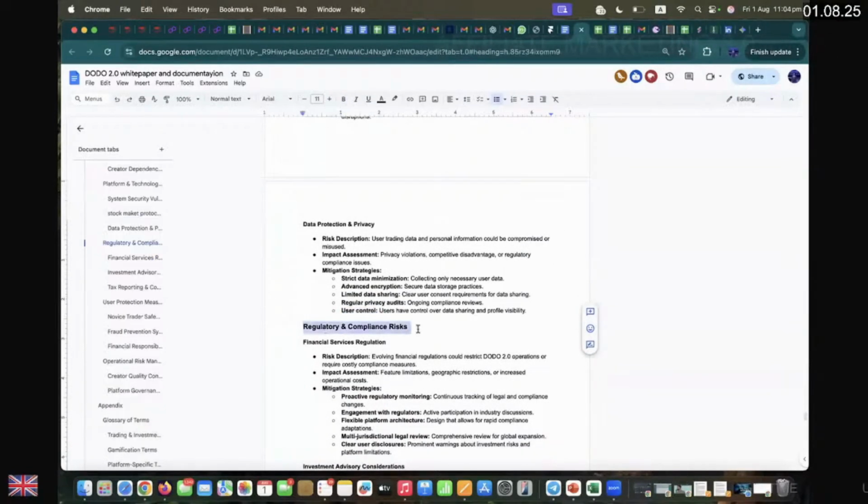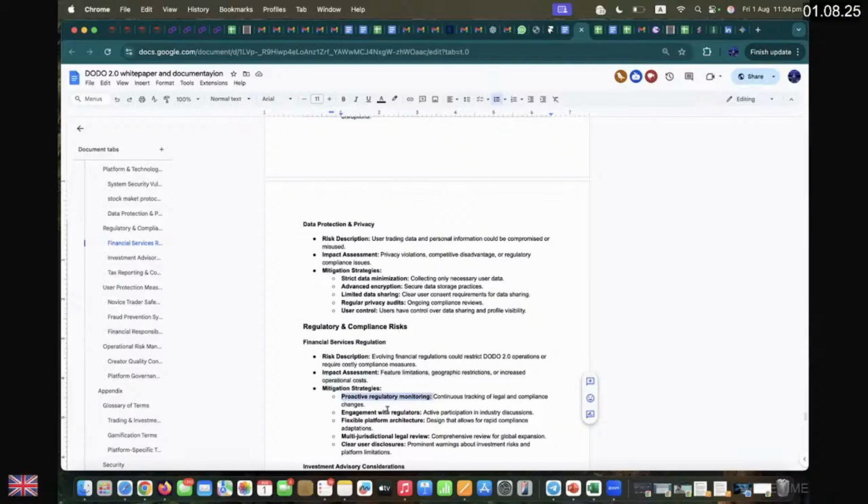Regulatory and compliance risks. Evolving financial regulators could restrict DODO 2.0 operations or require costly compliance measures. Impact assessment: feature limitation, geographic restrictions, or increased operational costs. What are our strategies? Proactive regulatory monitoring.